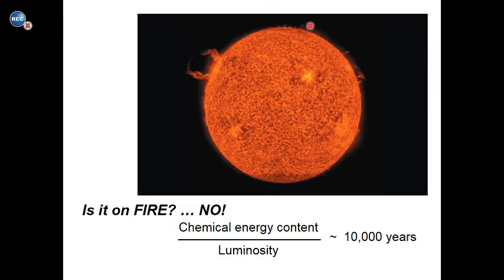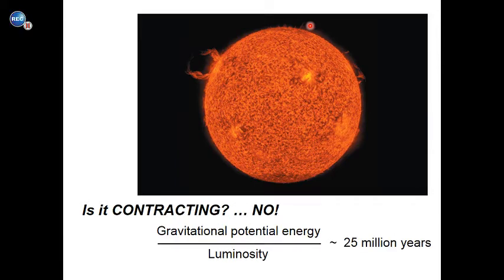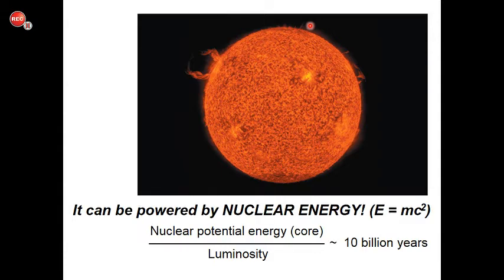And if you look at possible chemical reactions that can release energy versus how luminous and how massive the sun is, you find that would only work for about 10,000 years. Some people thought maybe it was just a gravitational contraction. And if you look at that, you realize that would work for 25 million years. So it's not easy sources of energy.